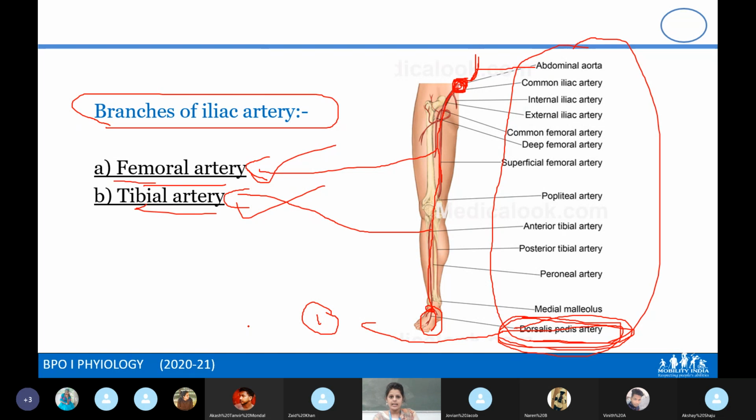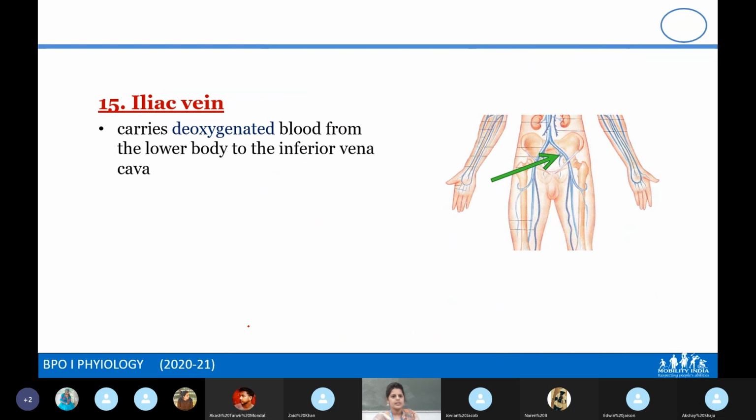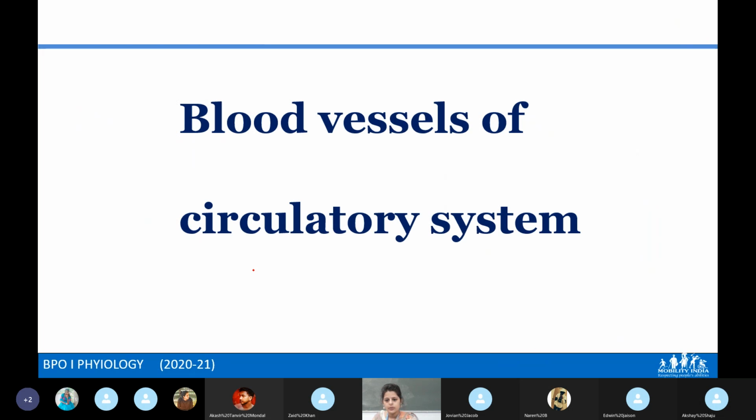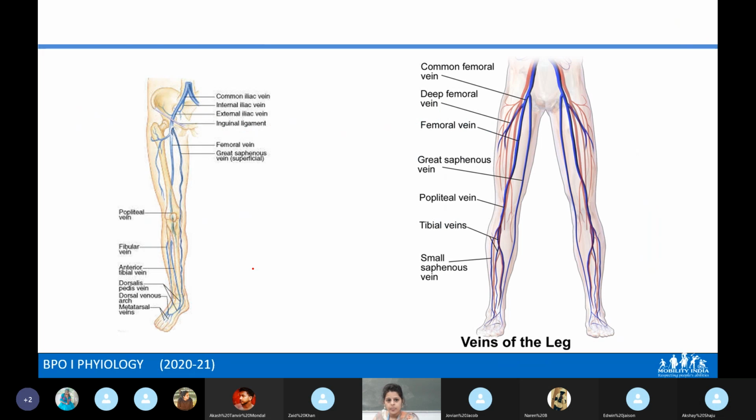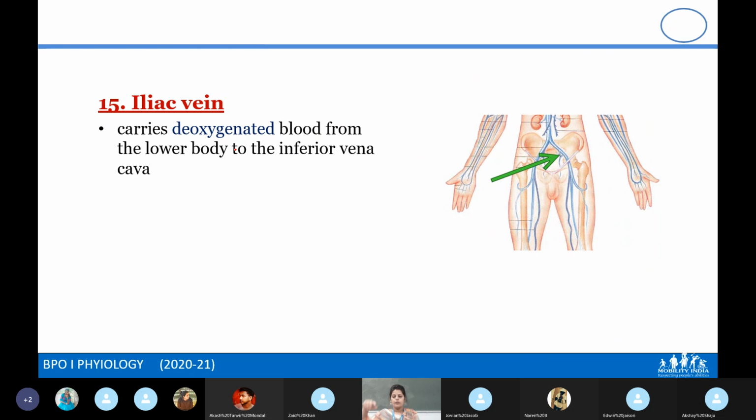So now the iliac artery branches into two, the femoral artery and the tibial artery, and one more important is the dorsalis pedis artery. Now from the distalmost part of the body, from the tip of your toes, the blood is carried back to the iliac vein with the help of the tibial vein.